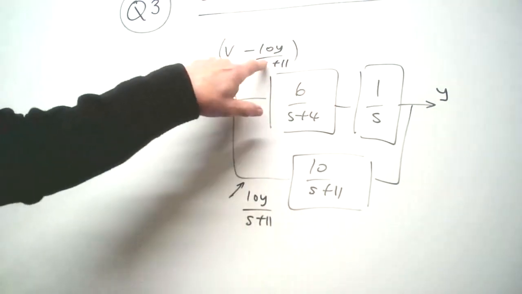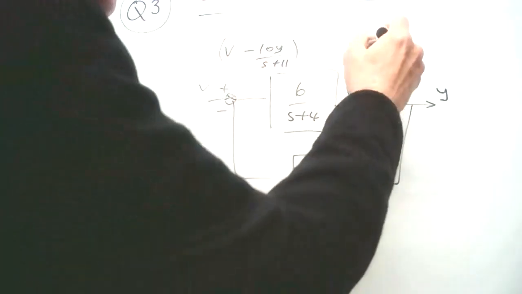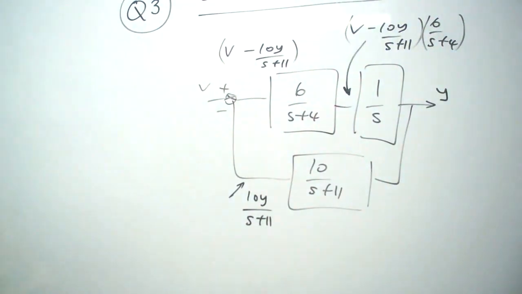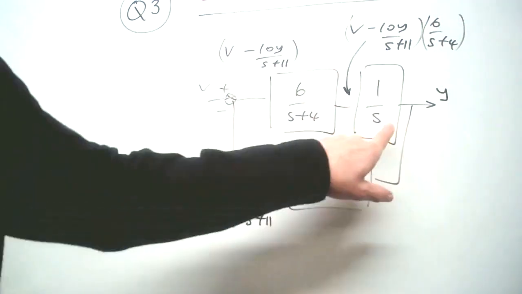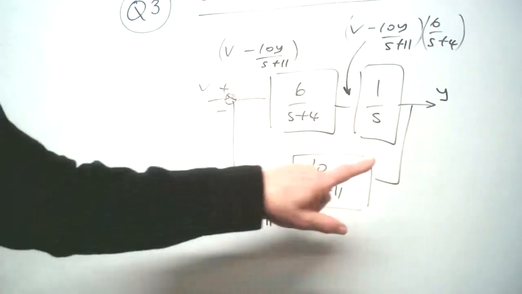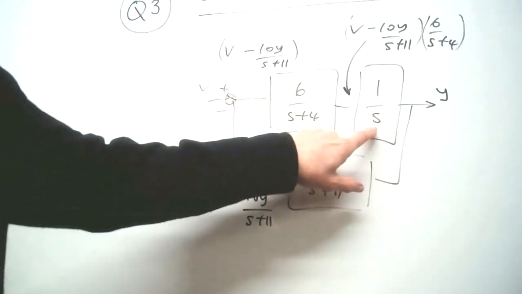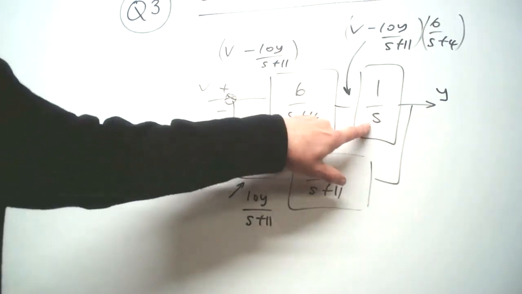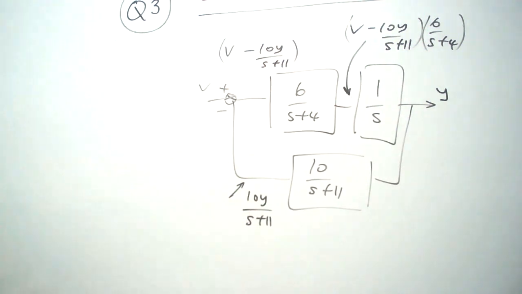And this one here will be this times this, so v minus 10y over s plus 11 times 6 over s plus 4. You can see that. So the output is the last box times the last input, and that'll give us an equation which describes what's going on.